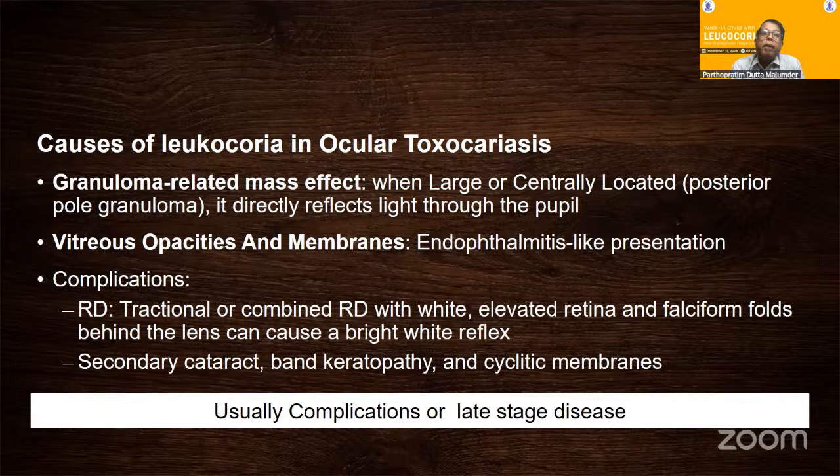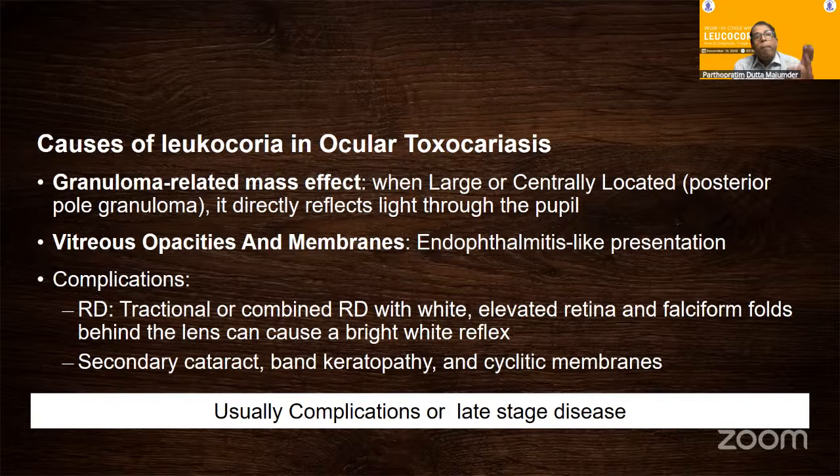One of the most common causes other than ocular toxocariasis is JIA. And leukocoria in uveitis can also be due to severe vitreitis, which can be seen in intermediate uveitis.